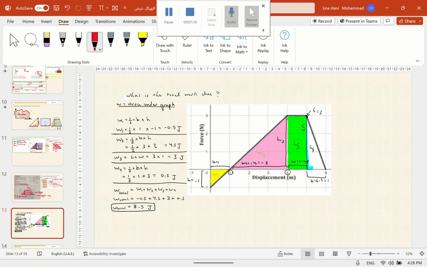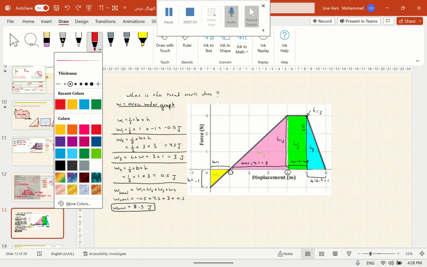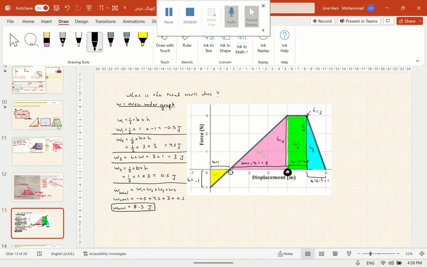You find the area of each one of them individually, and then you add the areas together to get the total work. If he, for example, said only during the first 4 meters, then what you should do is put a line. This is 4 meters. You stop here and you find the area of this triangle and the area of this triangle and add them together.